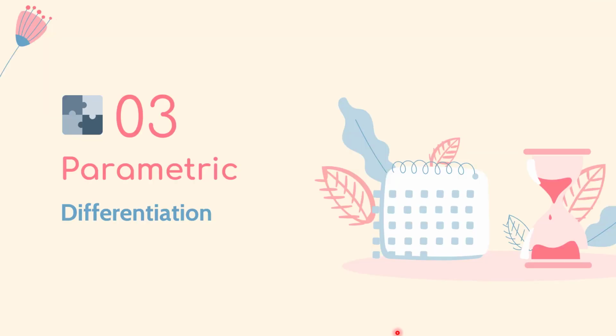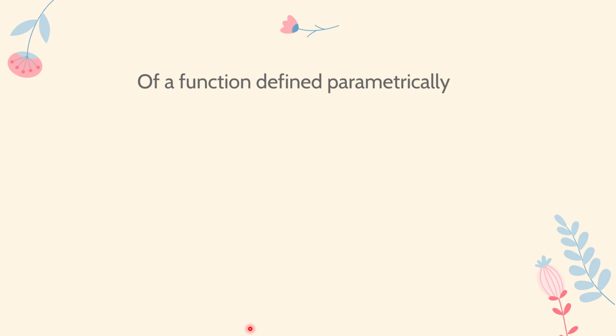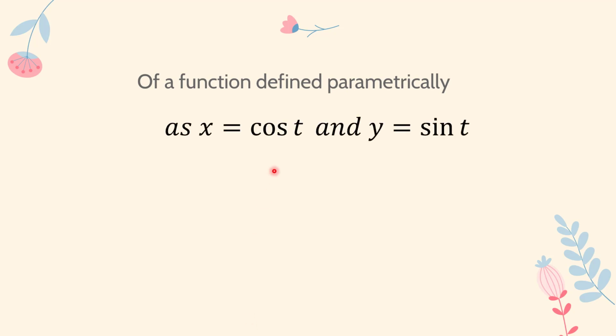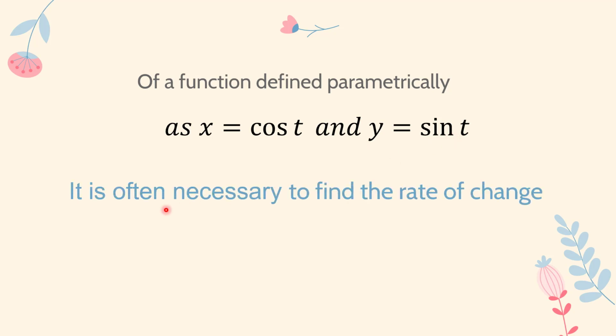The third one is about parametric differentiation. For a function defined parametrically, for example cos t and sin t for x and y respectively, it is often necessary to find the rate of change or the gradient. So you will need to calculate dy dx.